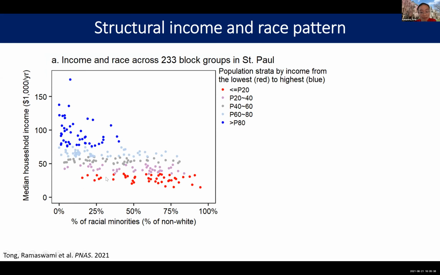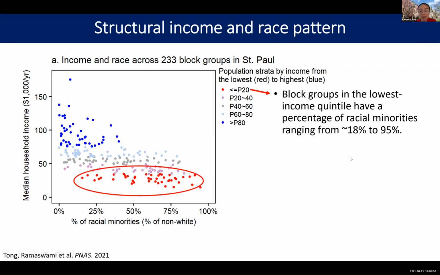The different colors stratify these block groups by income: the red ones are low income, the bottom 20% income level, and the blue dots are the block groups in the highest income quintile.